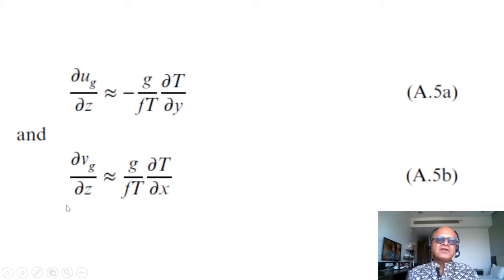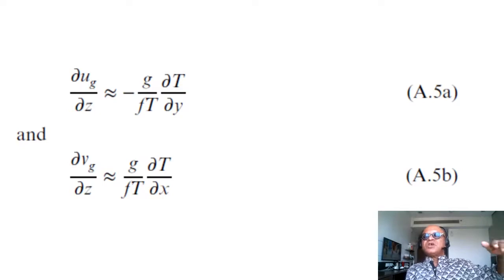So in the atmosphere, this is the thermal wind. Meridional vertical shear is a function of the zonal temperature gradient, and this is the more important one, where we have the strong vertical shear in the jet stream area, which is related to the strong meridional temperature gradient.